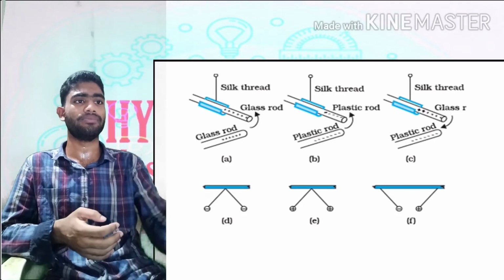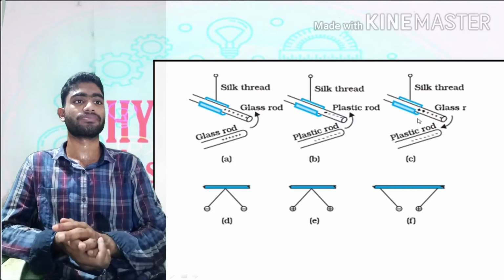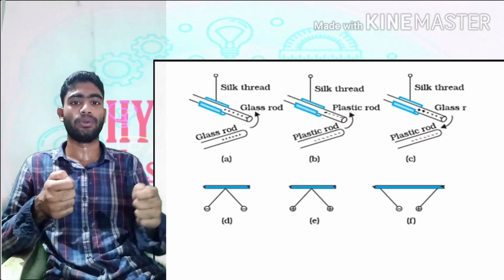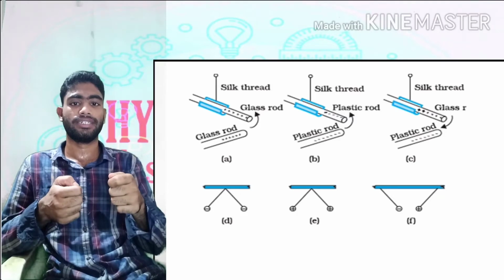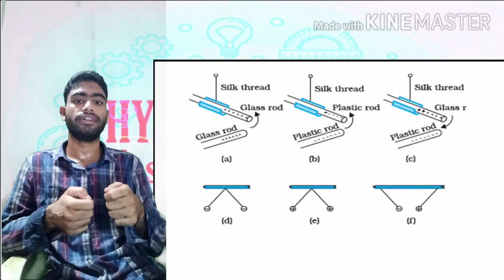And finally he did one more experiment: when he brought one glass rod and one plastic rod near each other, he found that they attract each other.